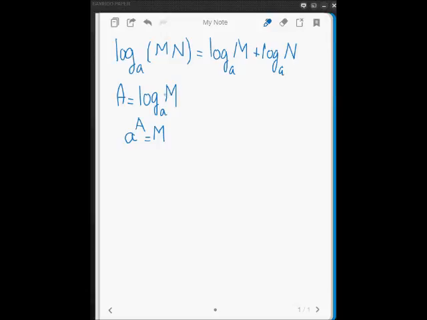So I'm just using the definition of what a logarithmic function is, which is the inverse of the exponential that goes with it. Okay. I'm going to do the same thing for the other one, but I'm going to call it capital B. So capital B stands for the log base a of n, which then has to mean that little a to the power of b is equal to n.